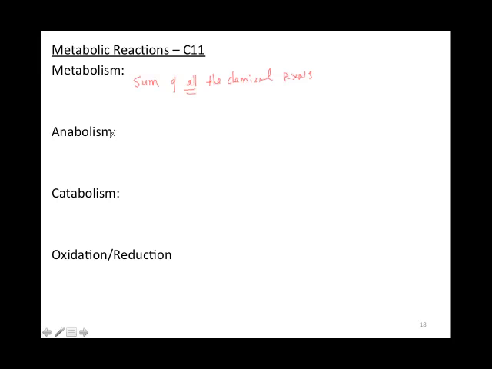Now we can define these metabolic reactions according to what specifically is happening. We have anabolism or anabolic reactions. Anabolic reactions are reactions where something is being created. We have catabolic reactions.